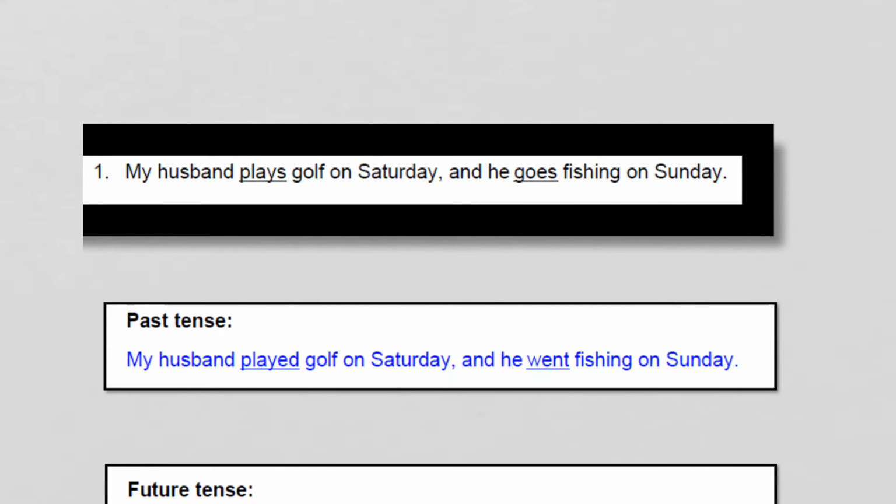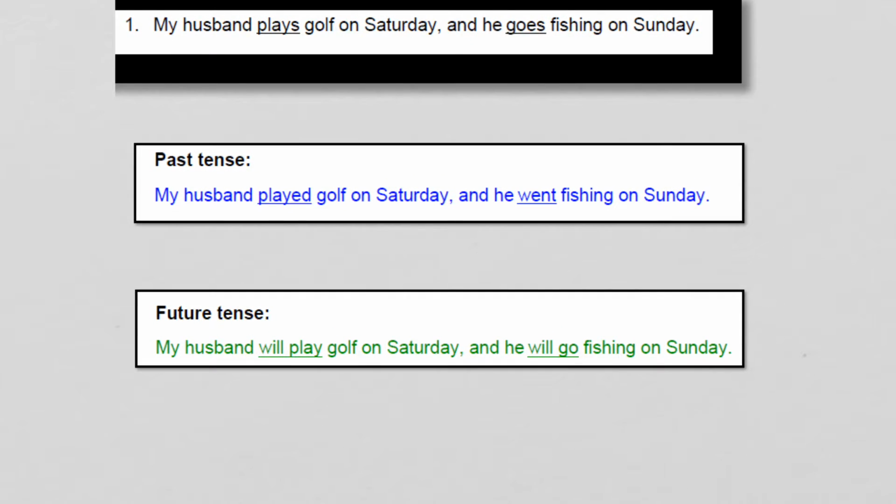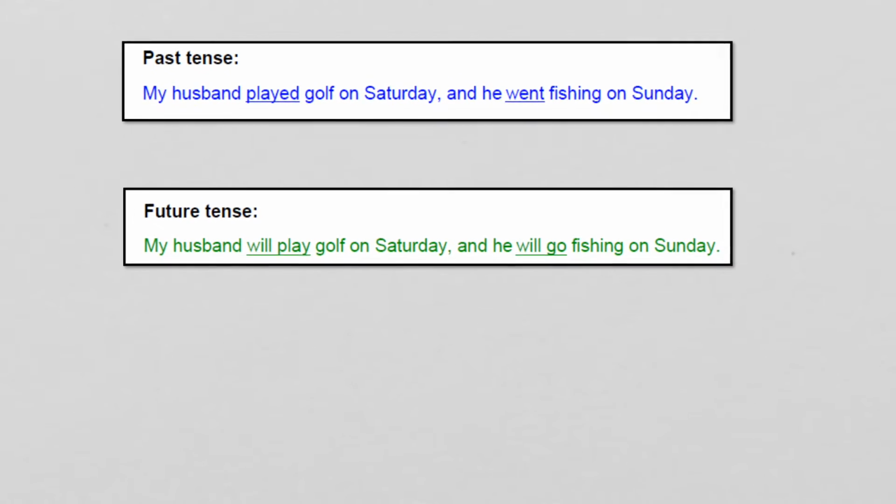My husband plays golf on Saturday, and he goes fishing on Sunday. So we've got the verbs to play and to go, right? My husband plays golf on Saturday and he goes fishing on Sunday. And that happens every week, all the time, right?